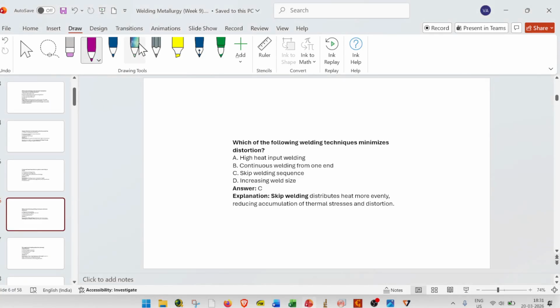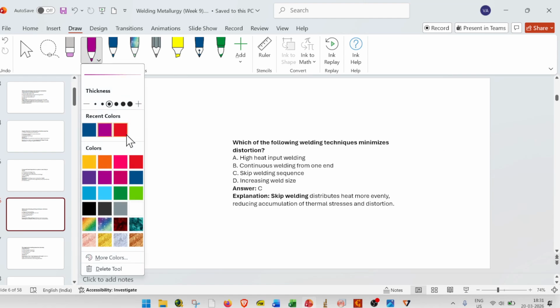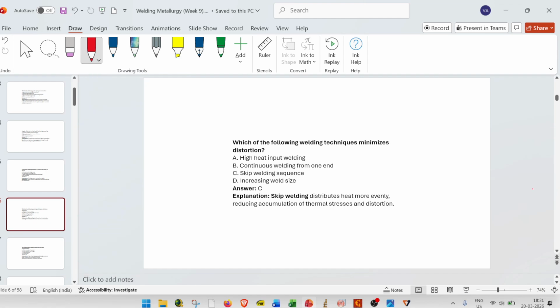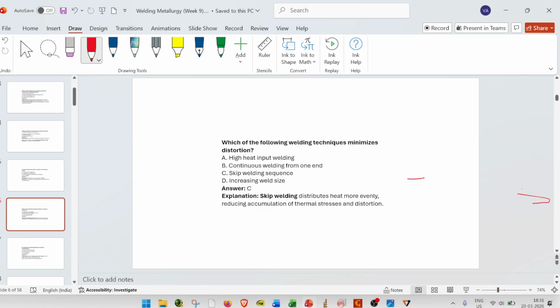So how does skip welding take place? Suppose I have to do welding in this region.